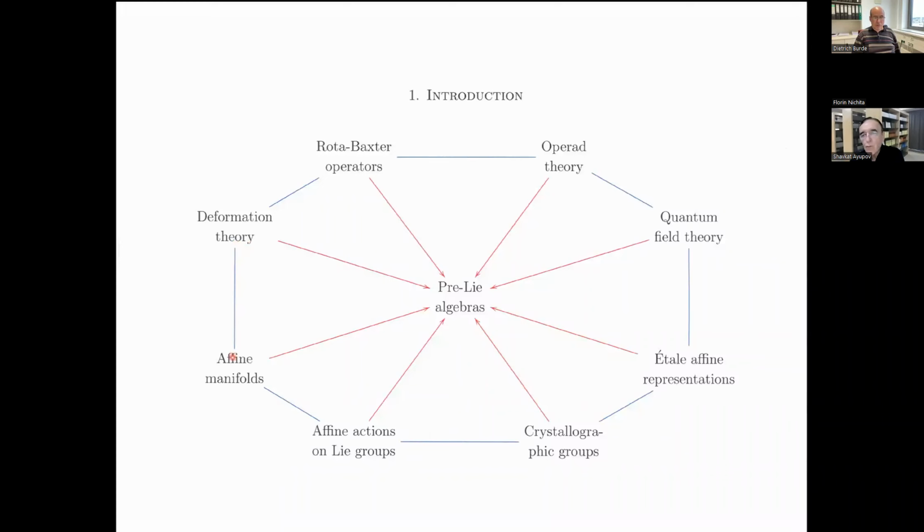Whereas in geometry, I saw it first from Vinberg, who wrote about convex homogeneous cones and somehow introduced these algebras. It also appears in physics, operator theory, and Yang-Baxter and Rota-Baxter operators. But we will not talk so much today about this.